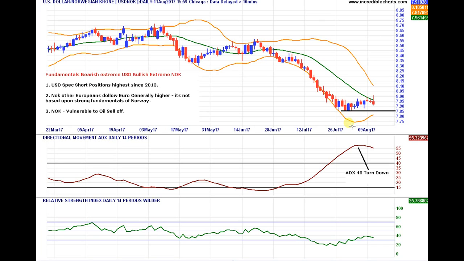Now, in terms of what I want to do now, if we get down towards this triple bottom, I'll be looking for buying opportunities coming in on strength. Or what I think might happen is, okay, we come back here, but I think we could well come back through the 20-day moving average again.